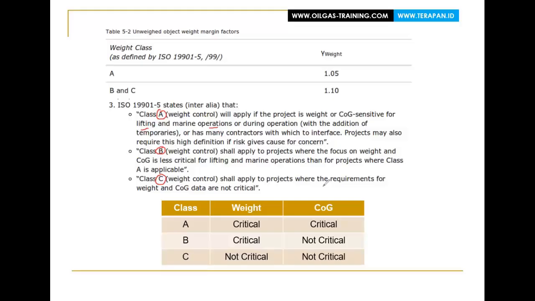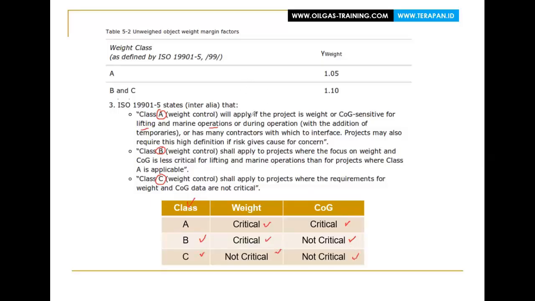Class C applies to projects where the requirements for weight and COG are not very critical. So in Class A, weight and COG are critical. In Class B, the weight is critical, but the COG is not too critical. In Class C, weight and COG are both not critical.